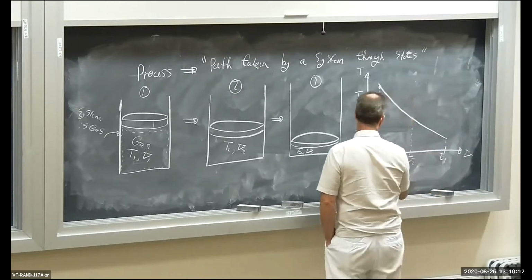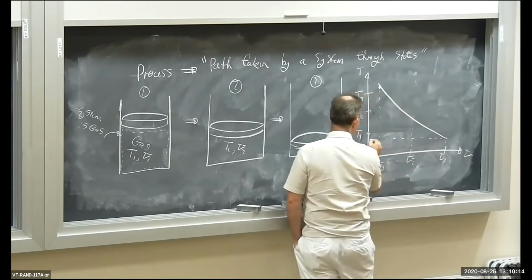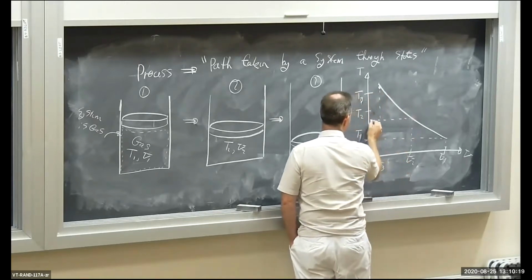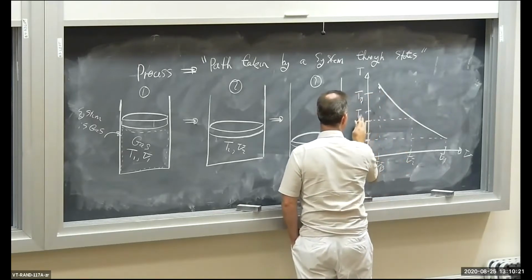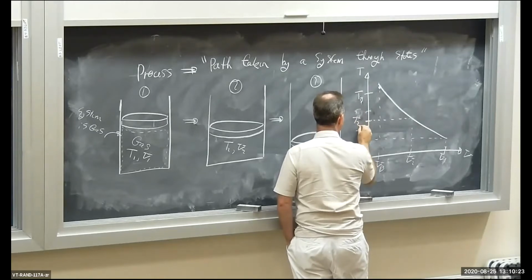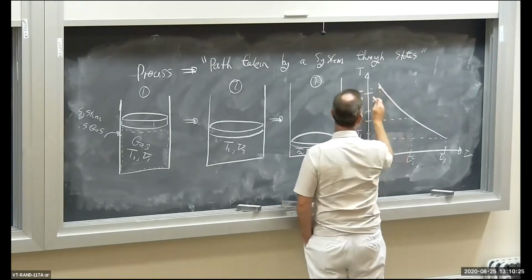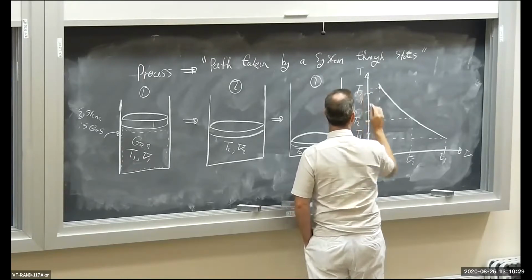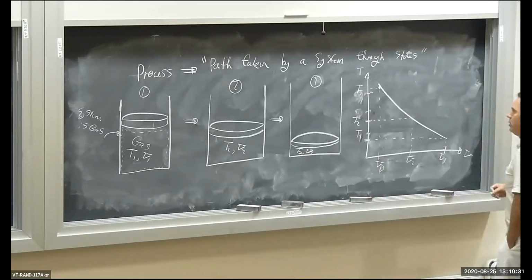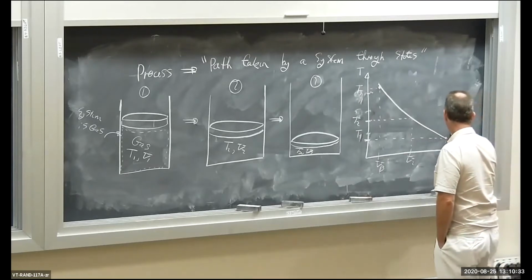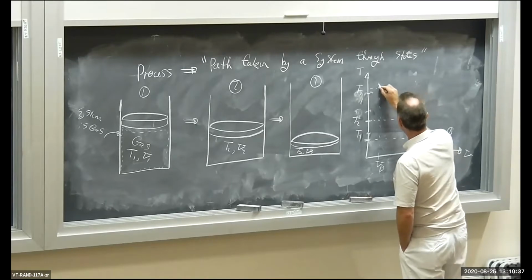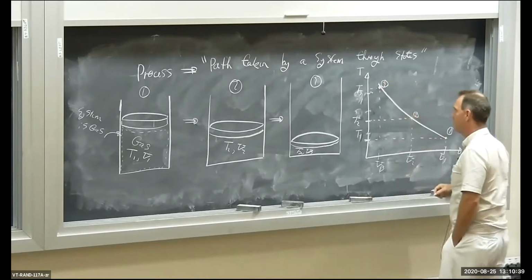So here is T1, here is T2, and here is T3. Move things around just a little bit. There we go. Okay, so the system is starting off at state 1, moving through state 2, and arriving at the final state, state 3.